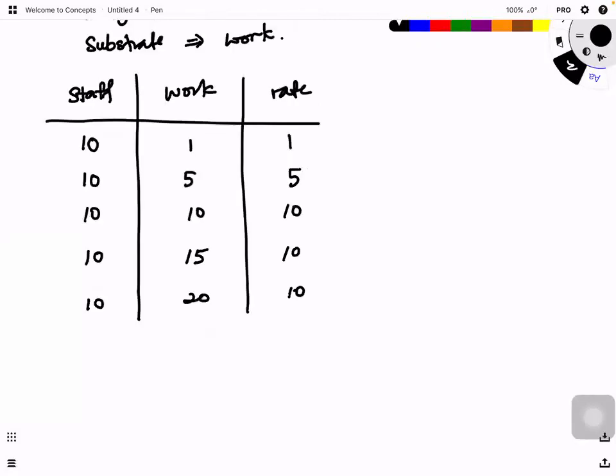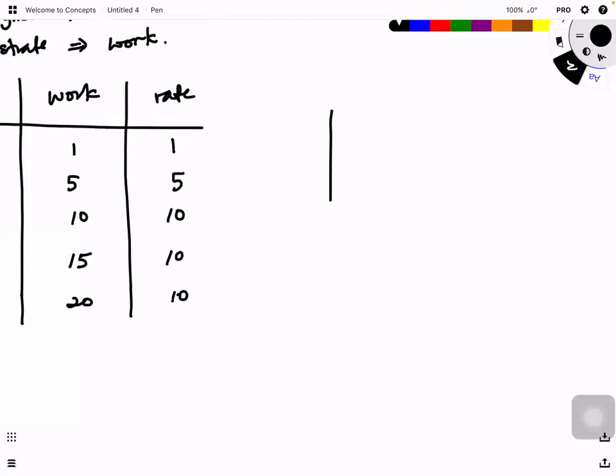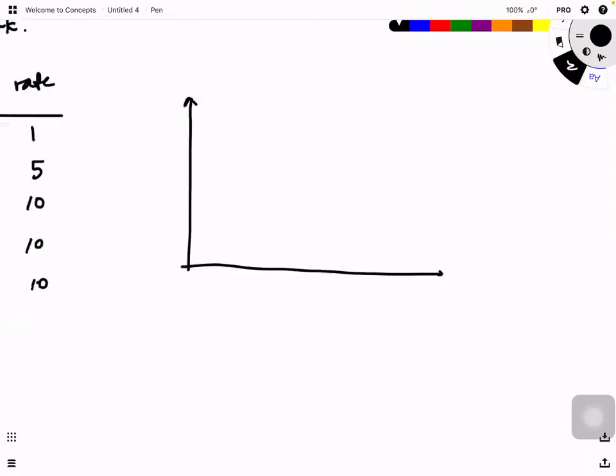And you see that it's level off. So if you plot the graph now, you can see that initially it increases and then levels off. So this one is the substrate concentration. This is the V0, meaning the initial rate of reactions.